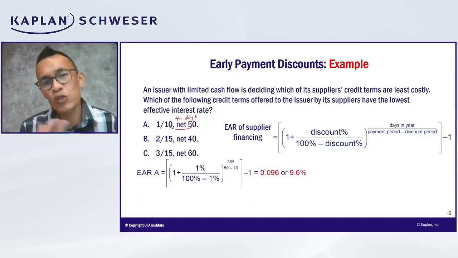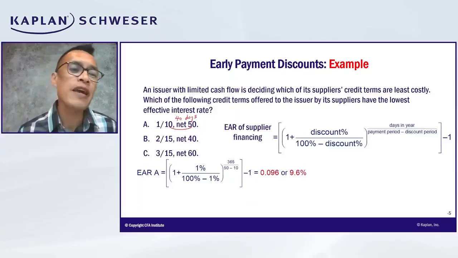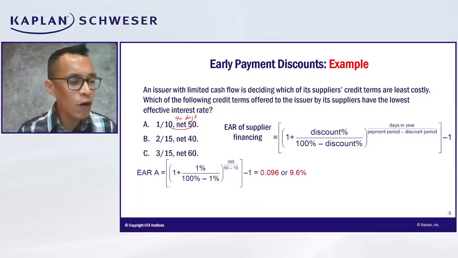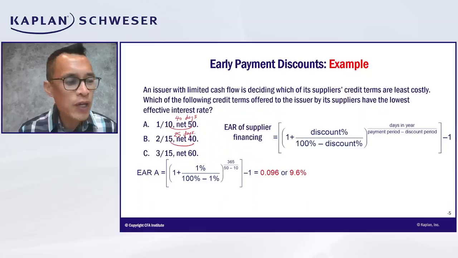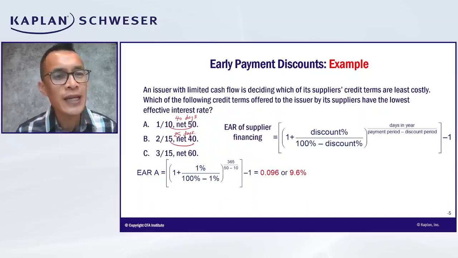Okay, so let's follow the same parallel analysis for the next choices here. So in this one here, what you have is you have 25 days. Okay, so if we look at B, it's a 2% discount for making payment 25 days earlier.